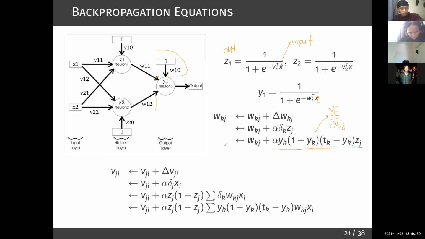Once this weight is updated, these are the weights of the hidden layer. We can use these updates to update the weights of the input layer. So we update the weights of the hidden layer, then we update the weights of the input layer. Then we go back here using those new weights.